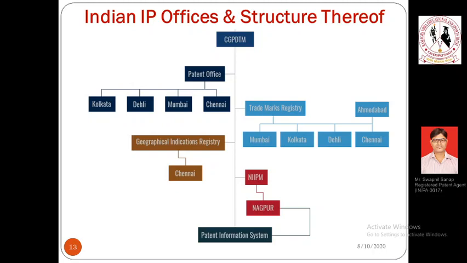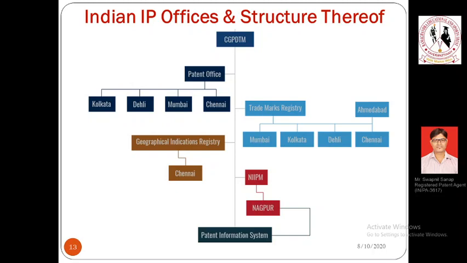So this is the overall structure of the Indian IP offices. Unfortunately, I haven't included the copyright office here, but similar to the geographical indication registry, there is only one copyright registry in India, located in Delhi. Similarly, as I told you during the discussion, the design patent is filed at the Design Patent Registry, which is only available at Kolkata, right?